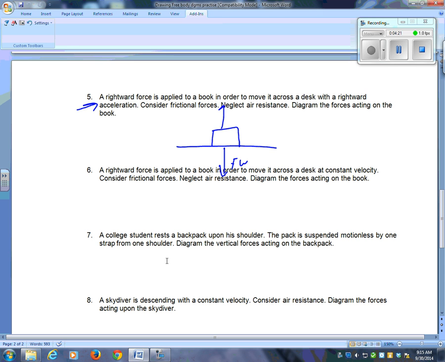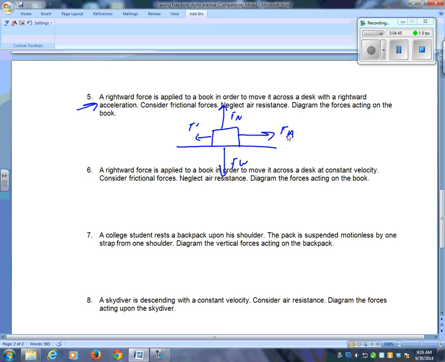Weight force, normal force, and there's a rightward force. Now, do I show it as a push, or do I show it as a pull? Do you remember? Almost always a pull. It's not considered correct to show it as a push, even if it is a push. Okay, so we're going to have some applied force like so, and there is going to be friction.